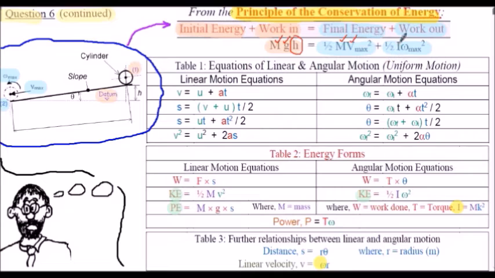We've calculated the moment of inertia for the wheel and axle, and we can find the maximum angular velocity by using this equation here, the relationship between linear and angular velocity. We have the linear velocity v at the bottom of the incline, so we can rearrange to find the angular velocity omega at the bottom of the incline. So implicitly we have the maximum angular velocity as well. So we have everything we need to calculate the unknown height h.